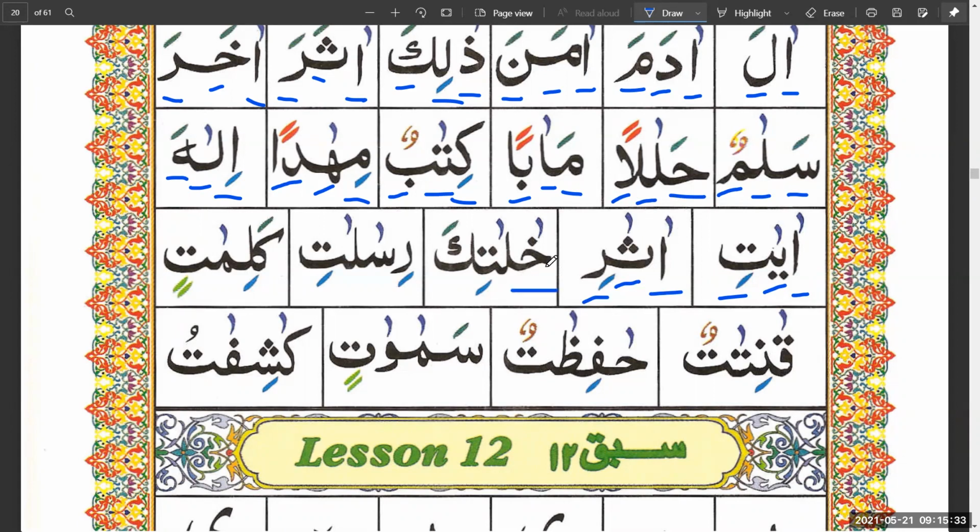Next one, kha standing fatha kha, lam standing fatha la, ta kasra ti, and kaf fatha ka. Khalatika. Next one, ra kasra ri, sin standing fatha sa, lam standing fatha la, and ta kasra ti. Risalati.